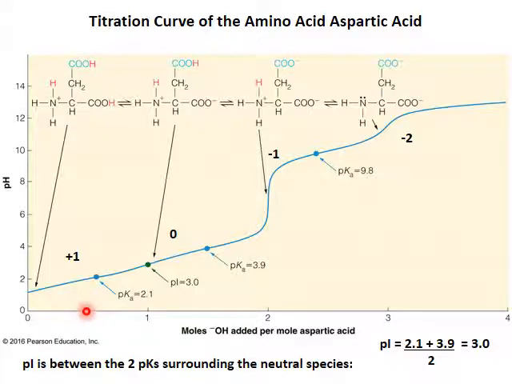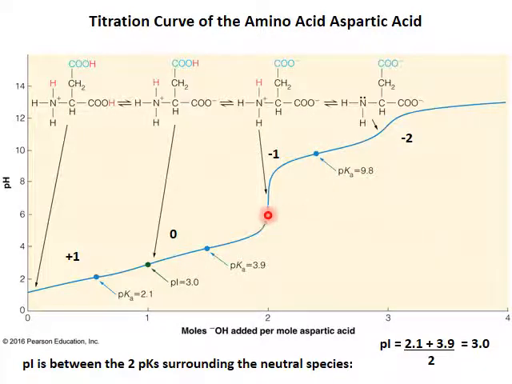So the half equivalence points are here. The plot is a little off in terms of how it was rendered, but the pKa of the first titratable group is 2.1. At the 1.5 equivalence point, the pKa is 3.9, and at the 2.5 equivalence point, the third pKa is 9.8.